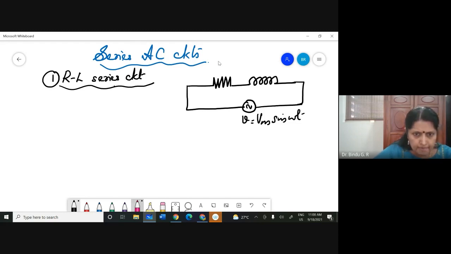I will have a voltage drop VR here. Another voltage across the inductance will be VL. And I'll have a current I flowing through this.